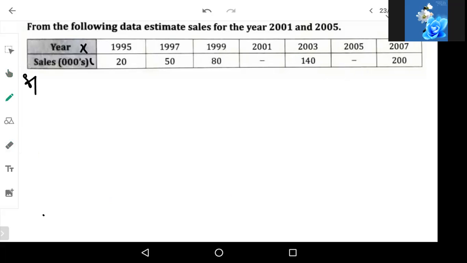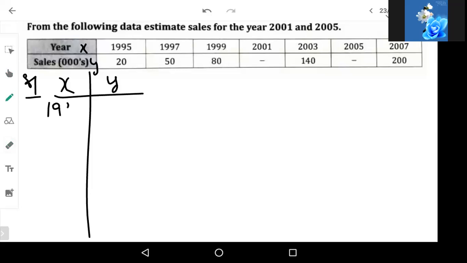One is X, one is Y. So X is 1995, 97, 99, 2001, 2003, 2005 and 2007.